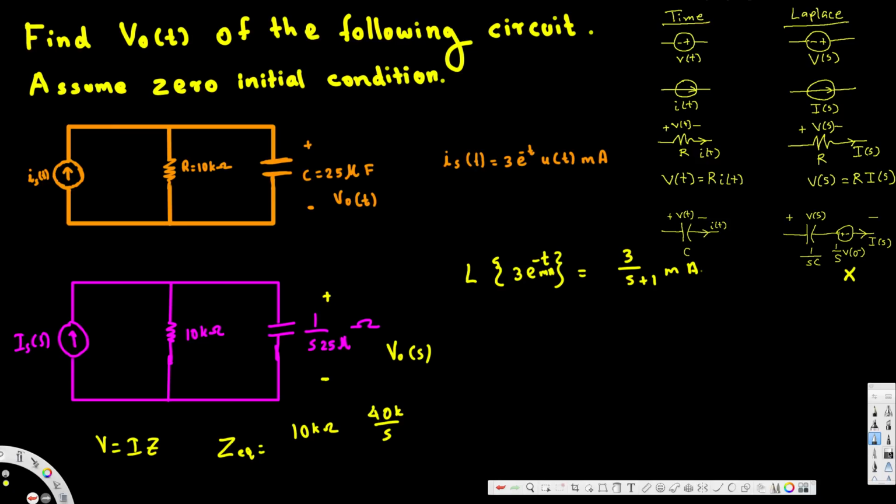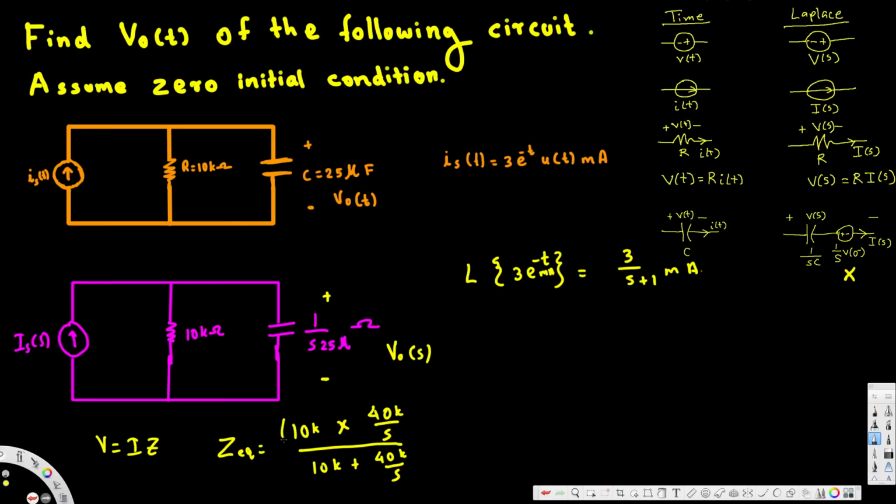Let's avoid the ohm for now and keep this as K, and then we divide by the sum. This is the product, and the sum is going to be 10K plus 40K over s. Now to get rid of this s, we can multiply top and bottom by s. If we do that, in the top we will not have s anymore because the s cancels, and we will have 10K times 40K.